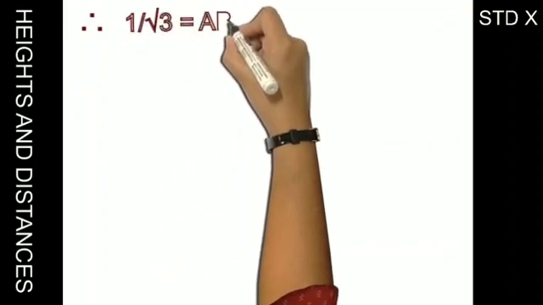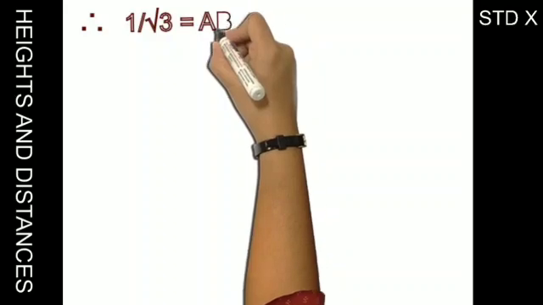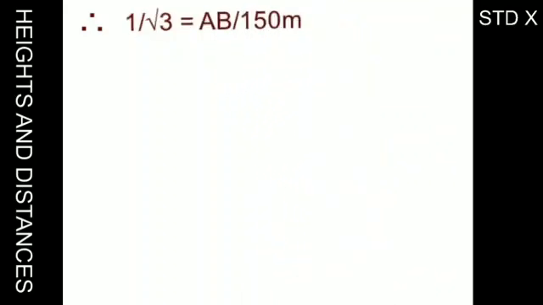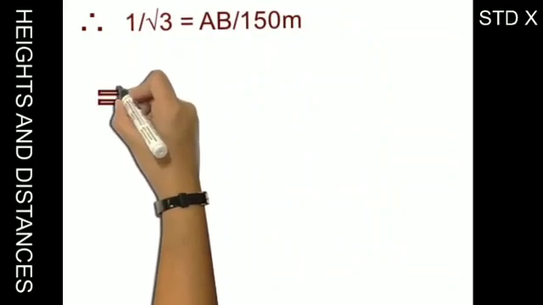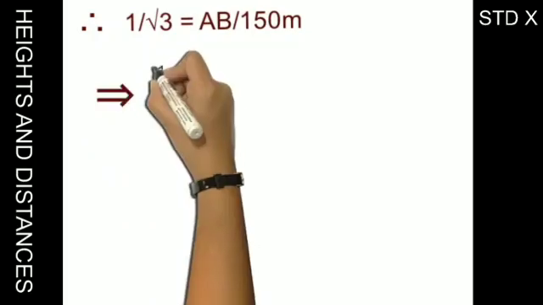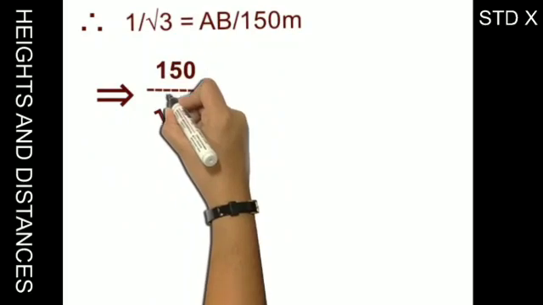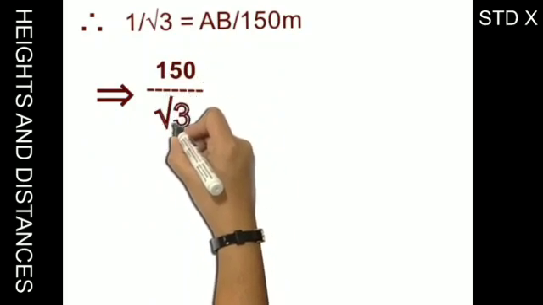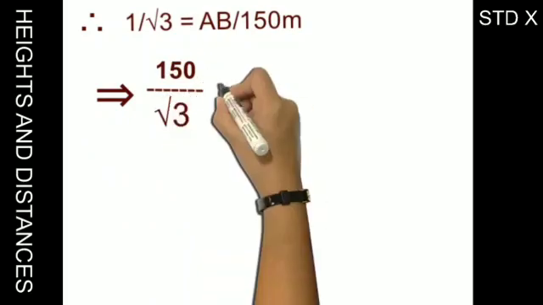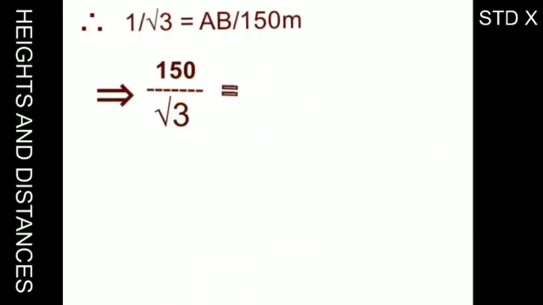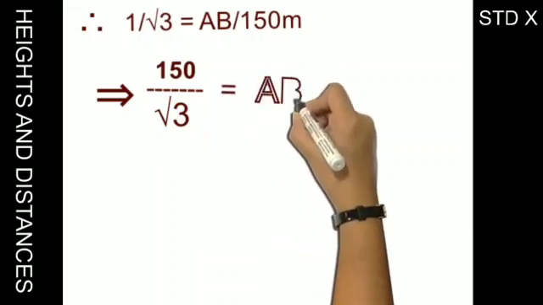Now, what is the value of tan 30 degrees? Tan 30 degrees equals 1 by root 3. So 1 by root 3 equals AB by 150 meters. Now simplification: 150 meters we will bring to the left hand side. So 150 by root 3 is equal to AB.